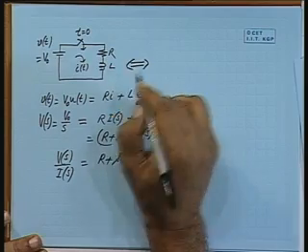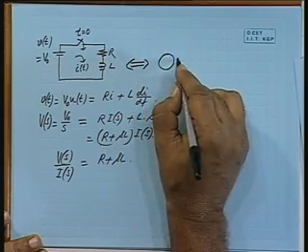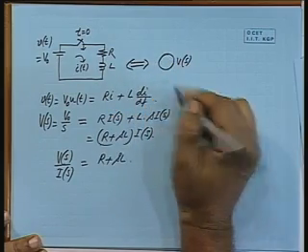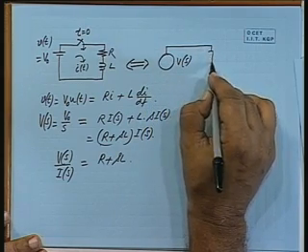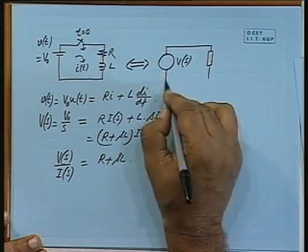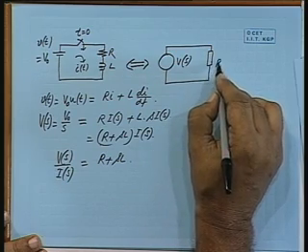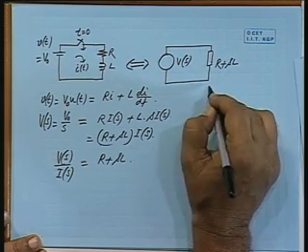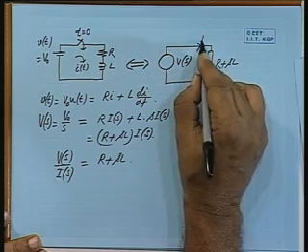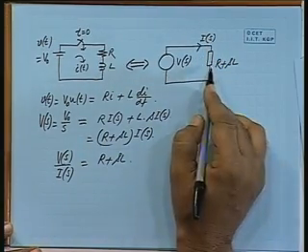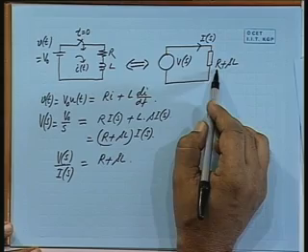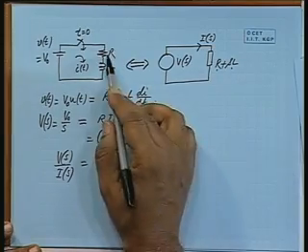Therefore, this circuit I will write as V(s) as a voltage source and an impedance which is R plus sL, and the current is I(s). So, an impedance is given by R plus sL for R and L.